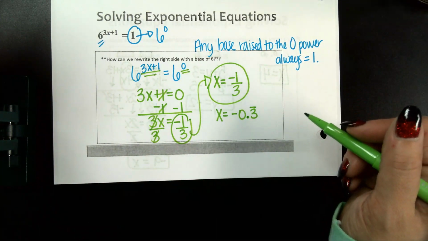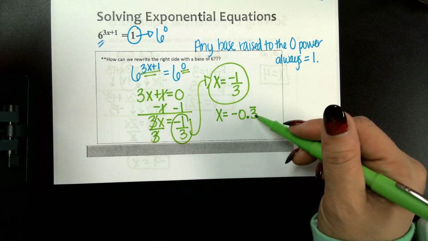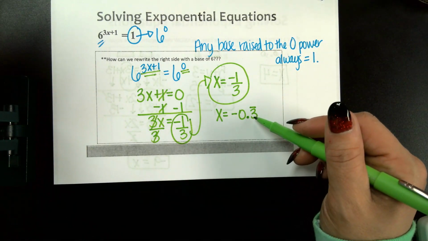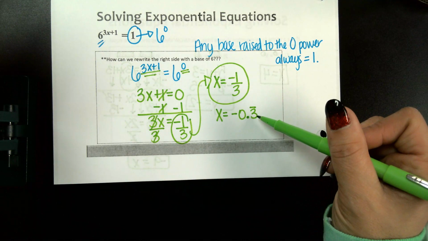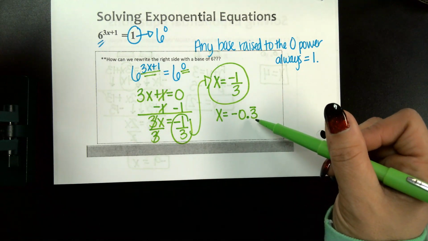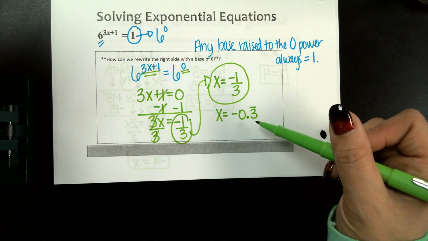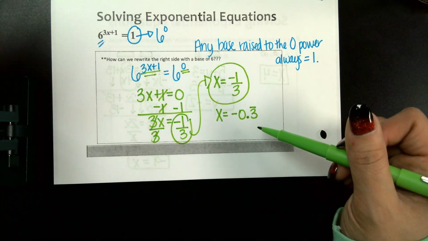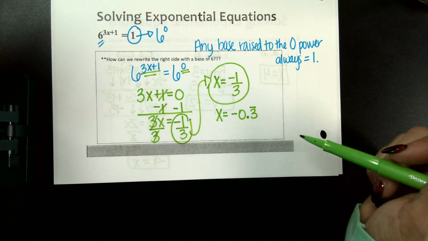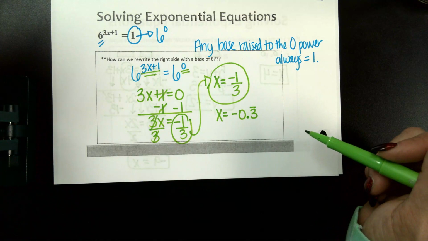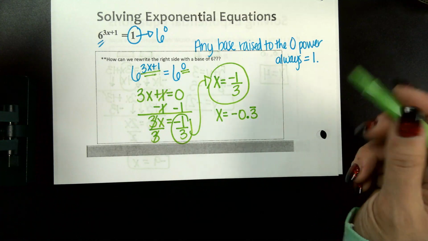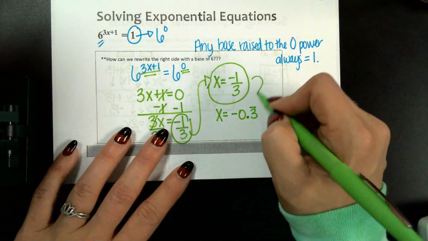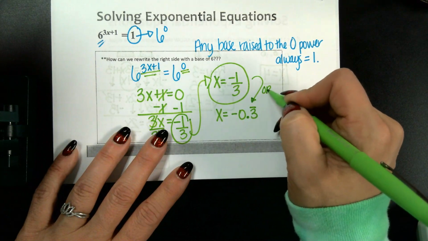The only time I don't really like you guys to write decimals is this: I don't mind it if it's a repeater, and I don't mind it if it actually comes to an end. But if it is some crazy decimal on your calculator where all the digits are different, there's no pattern, leave it as a fraction, okay? You guys okay with that one?